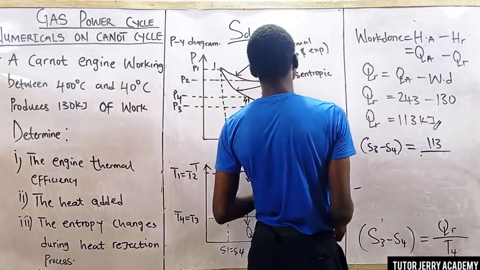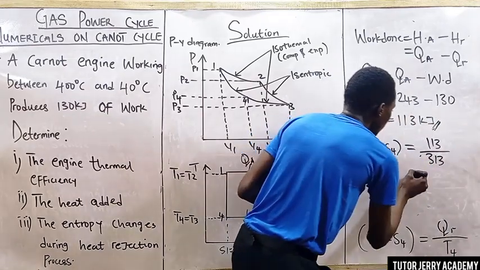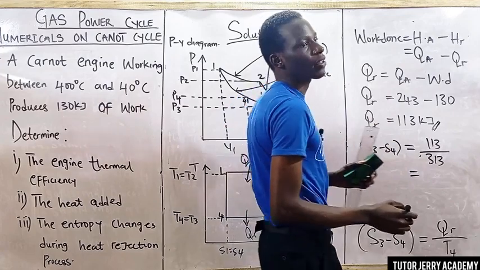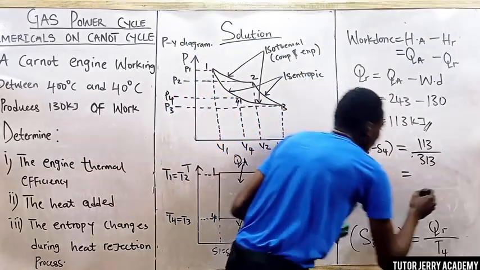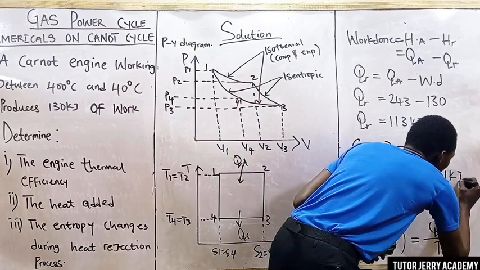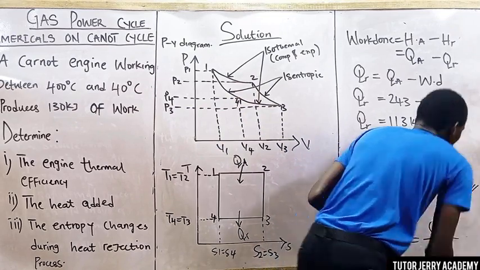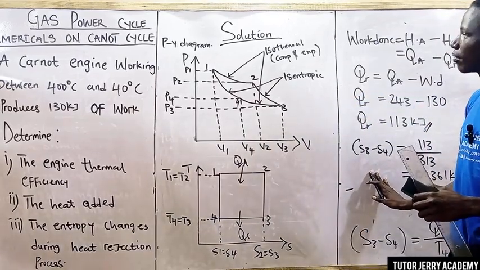The value for T4 is 313. Press this in your calculator. Our change in entropy will be 0.361 kilojoules per Kelvin. This is our value for change in entropy during the heat rejection process.